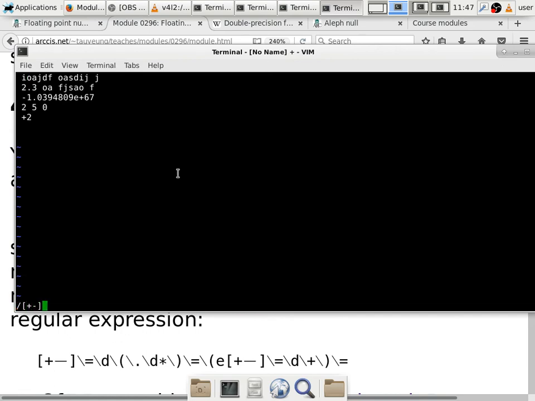Plus minus backslash equal to backslash D backslash open paren backslash dot backslash D asterisk backslash close paren backslash equal to backslash E open paren E plus minus, oops, plus minus backslash equal to backslash D backslash plus backslash close paren backslash equal to. Okay, there we go. 2.3.